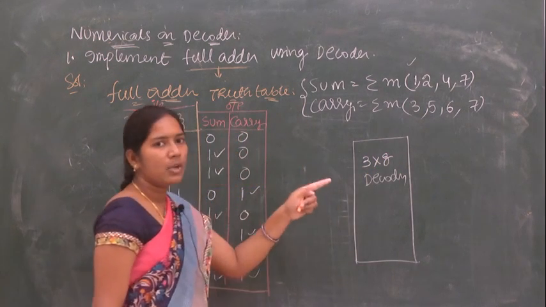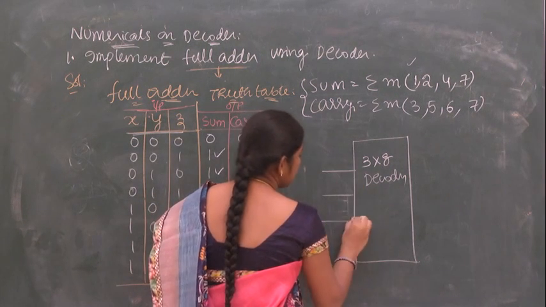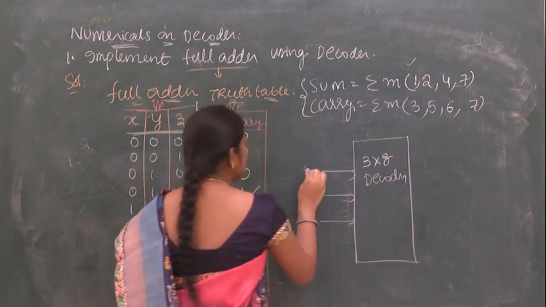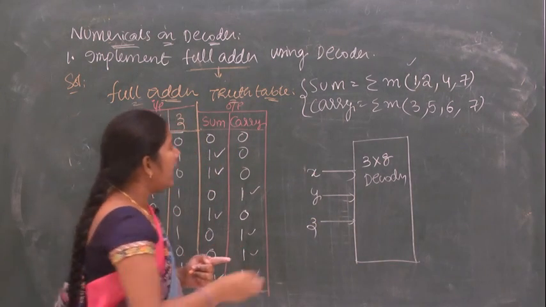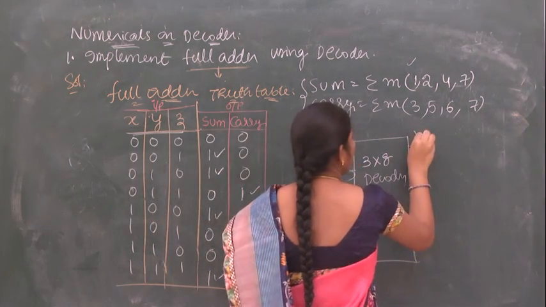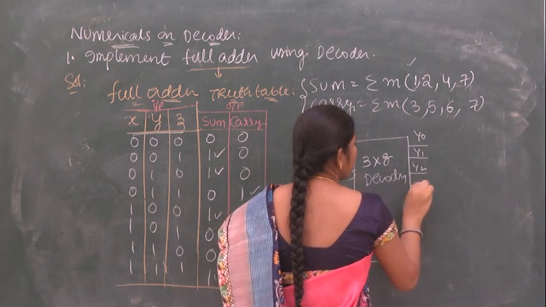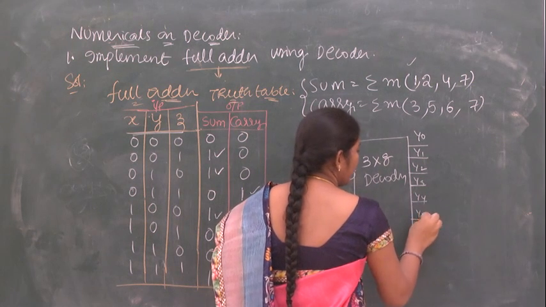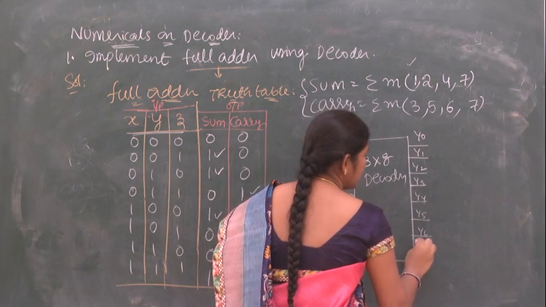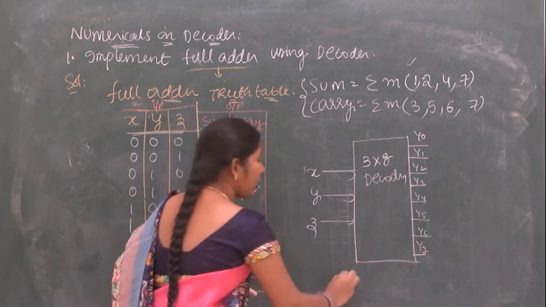So consider a 3 cross 8 decoder with inputs X, Y, Z and outputs Y0, Y1, Y2, Y3, Y4, Y5, Y6, Y7. This is the general block diagram.